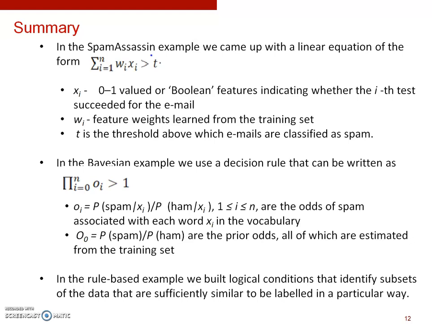The second classifier is the Bayesian classifier, which is based on the decision rule product over i equal to 0 to n of O_i greater than 1, where O_i represents the prior odds of test x_i. The last one is the rule-based classifier, which is built based on logical conditions that identify subsets of data that are sufficiently similar to be labeled in a particular way.